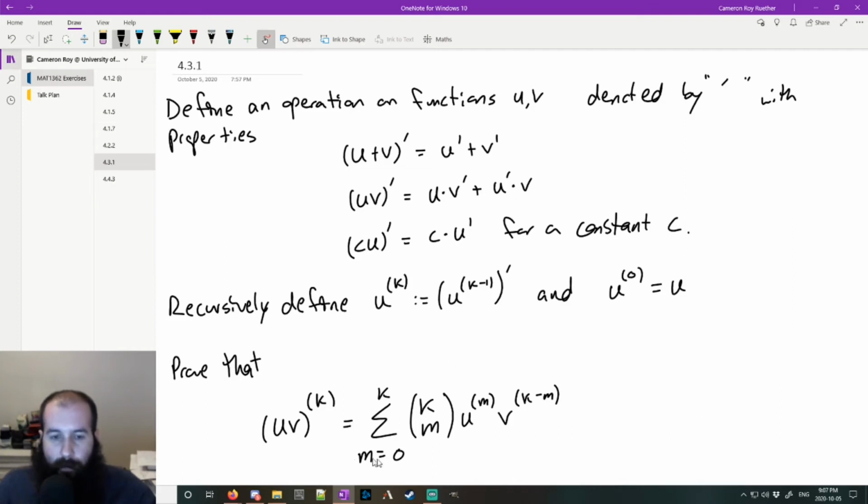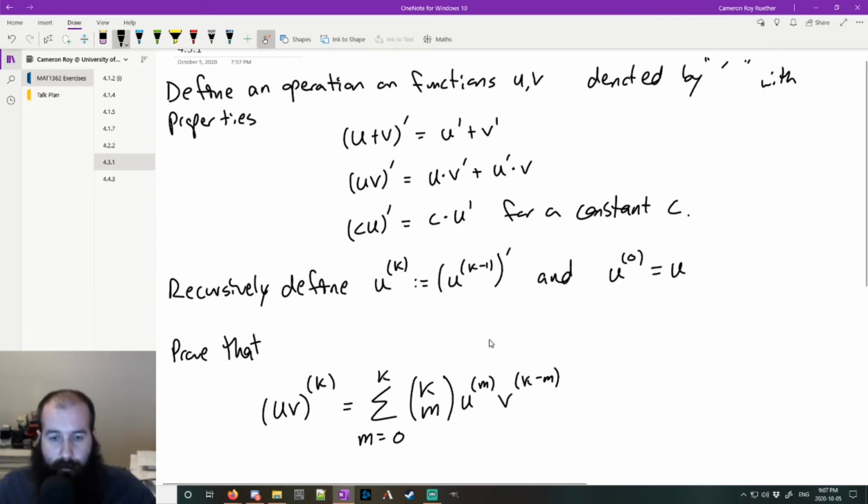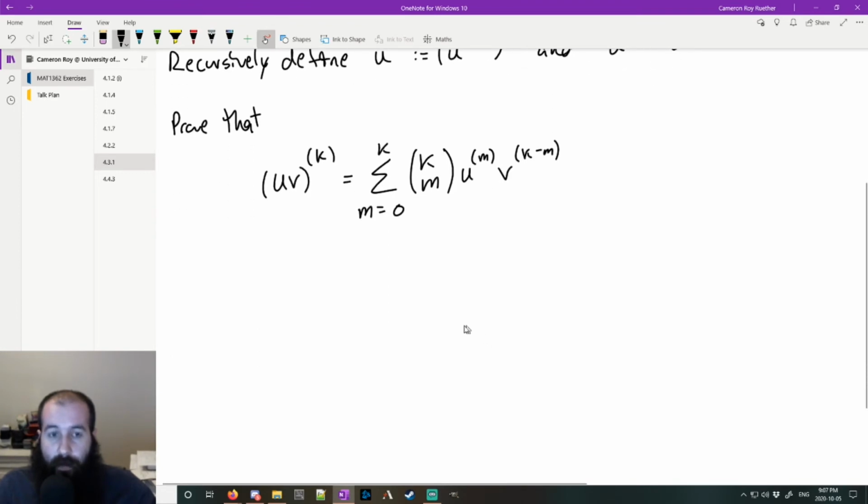So this looks like a binomial formula, but it's for this newly defined operation in terms of prime. And we can prove this inductively. So, proof by induction.